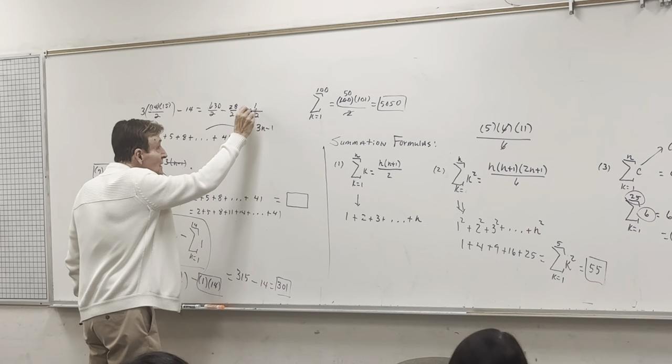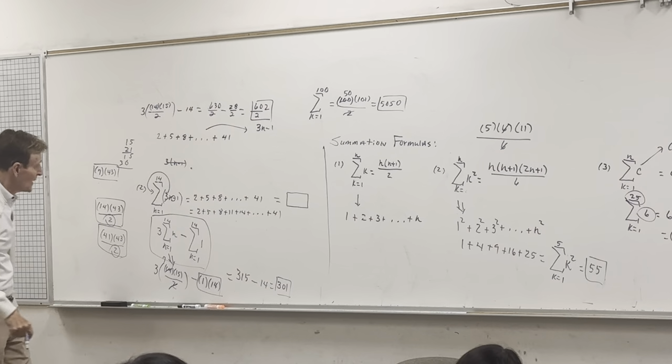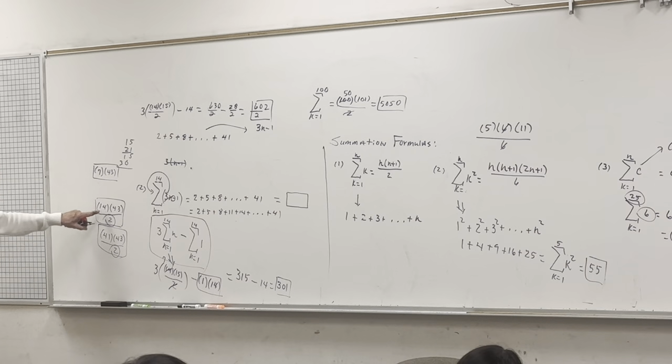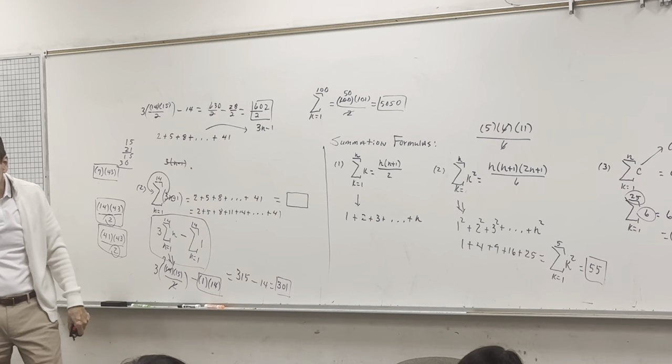Yay. I'll remember you for this. 602. Now, which one of these is the answer? If 14 times 43 is 602, the person who gave this to me earlier matches it up.